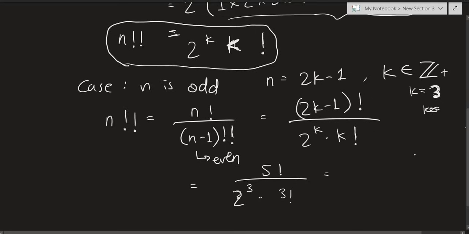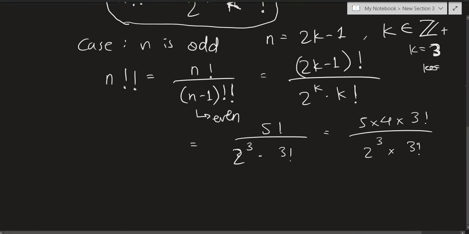So this is 5 times 4 times 3 factorial by the property of factorial, over 2 to the third times 3 factorial. So the 3 factorials are going to cancel out. We have 5 times 4, which is 20, and 2 cubed is 8. So this is going to be 10 by 4, which can be written as 5 by 2.